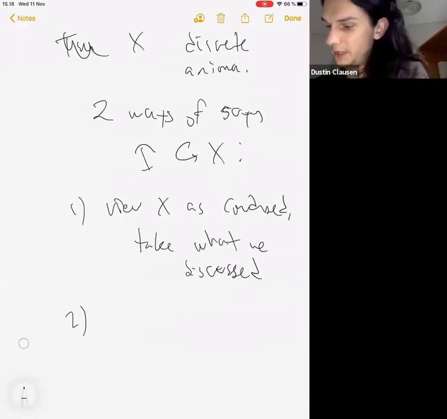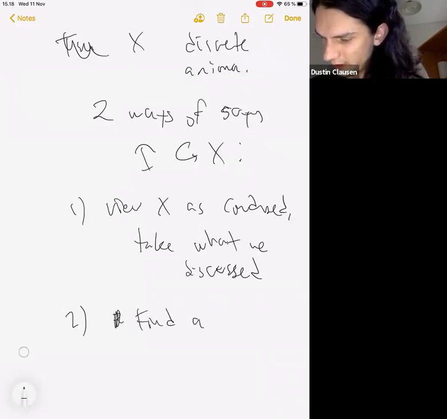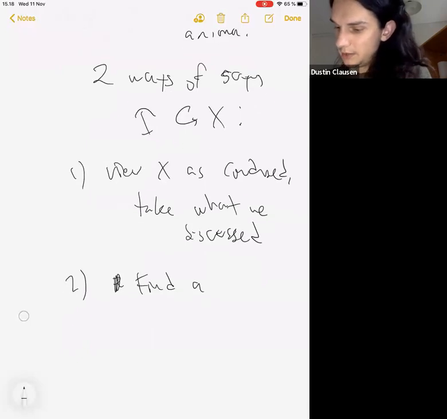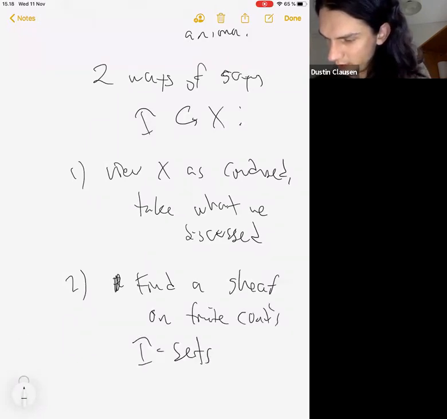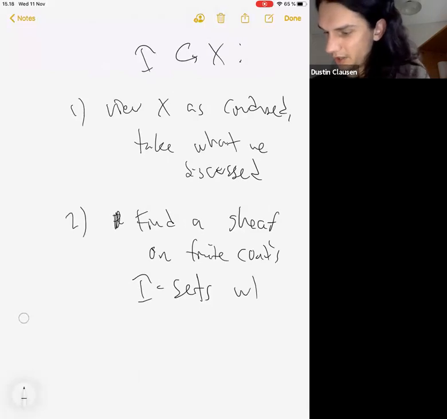And the second thing would be to promote X, to find a sheaf on finite continuous Gamma-sets with stalk X.